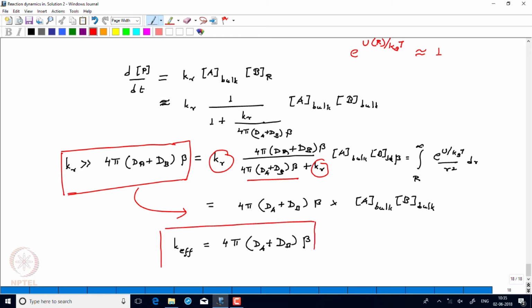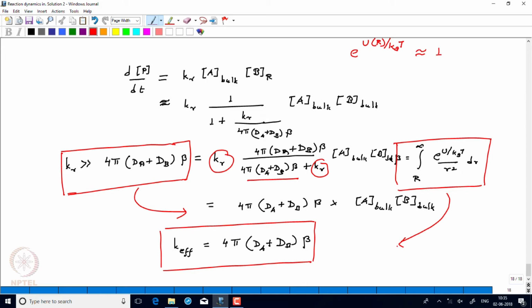And that's a beautiful way of showing it, that although beta has a very complicated expression, we just noted that it is basically the variation of the potential, and how it depends on this integration over the variation of the potential.